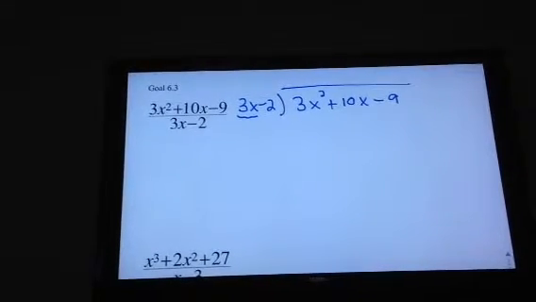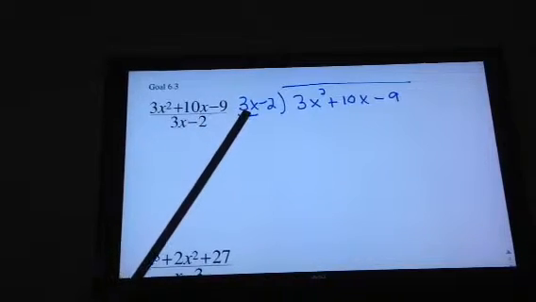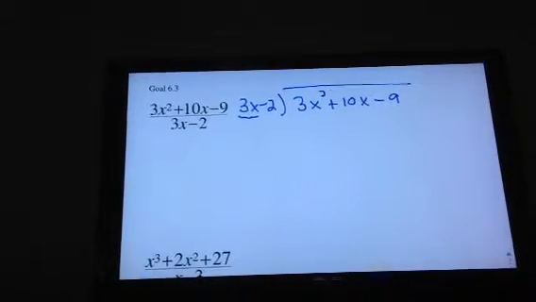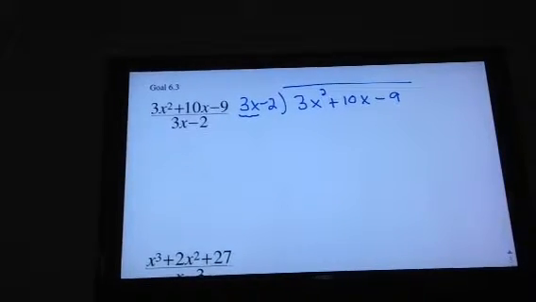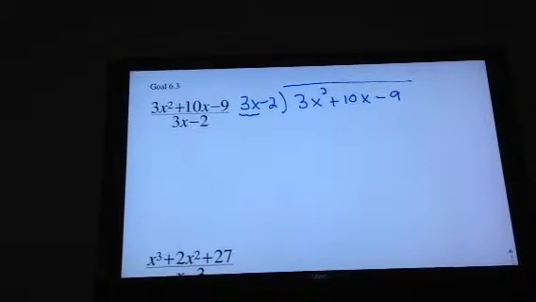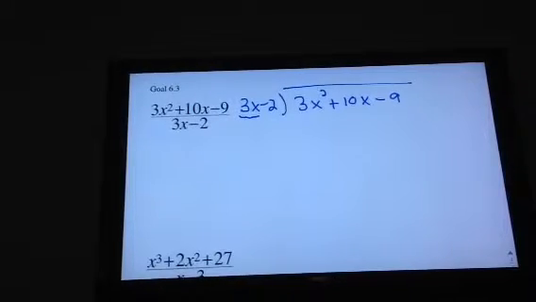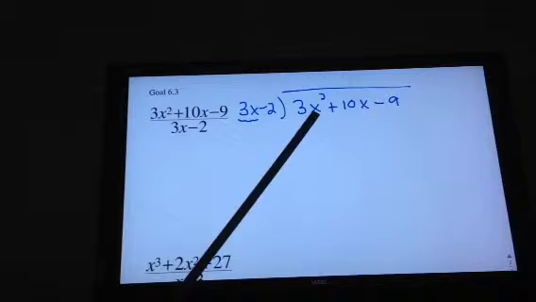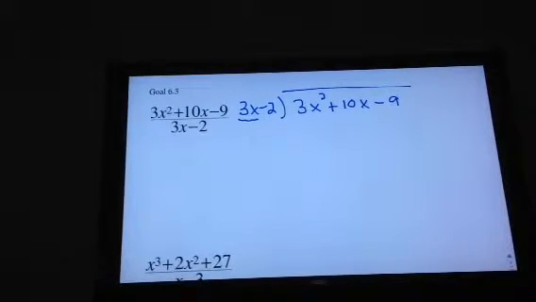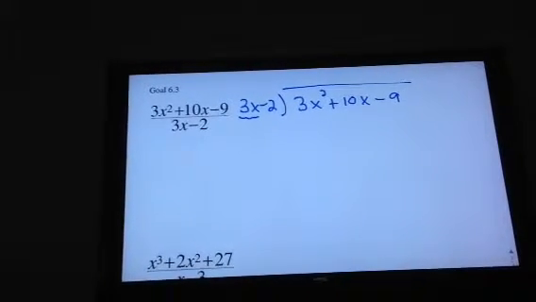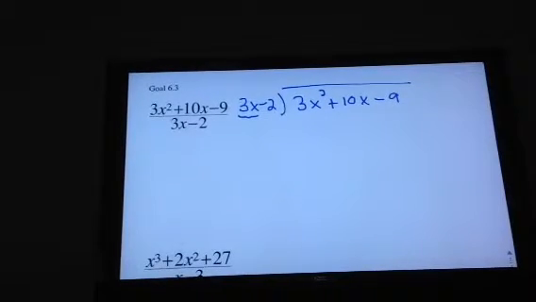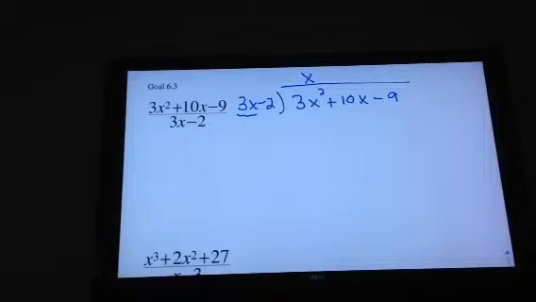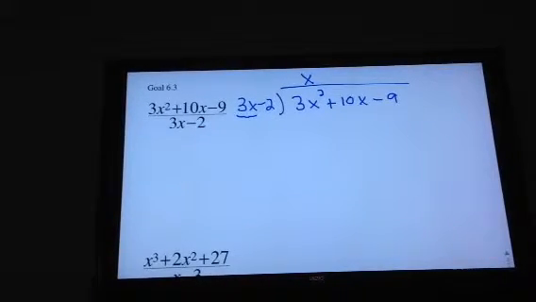So you start by taking 3x divided into 3x squared. I word it backwards in my brain: what would I multiply 3x by to make it 3x squared? X. That's what goes up here.